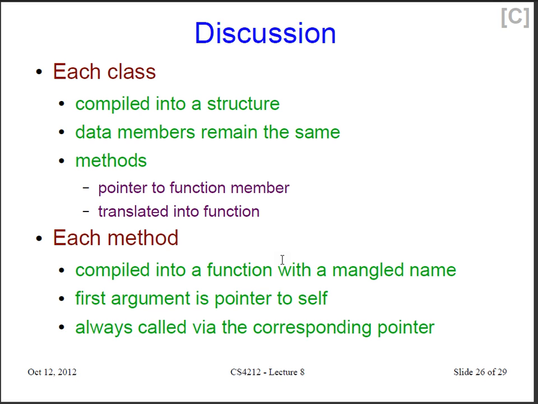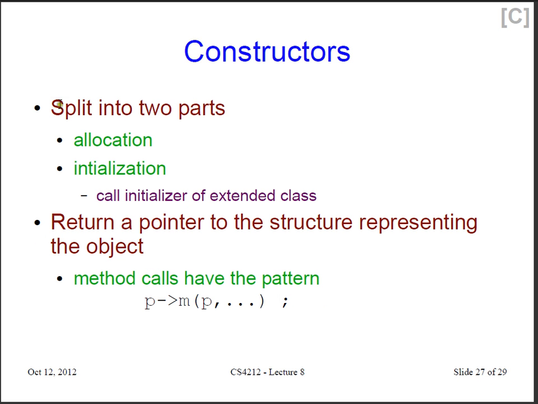And by the way, this allows a class to extend only one other class, right? So if we want to allow the style of C++ where a class may extend several classes, that would require more work. Constructors are split into two parts, one that performs allocation and one that performs initialization.